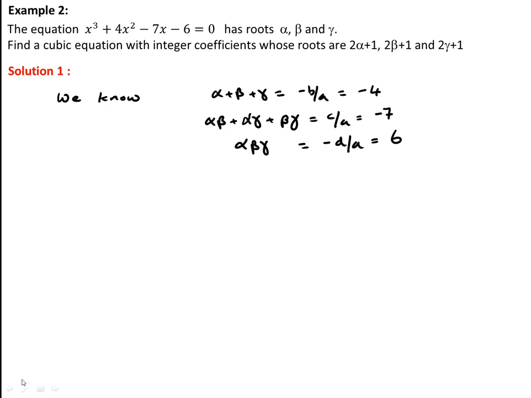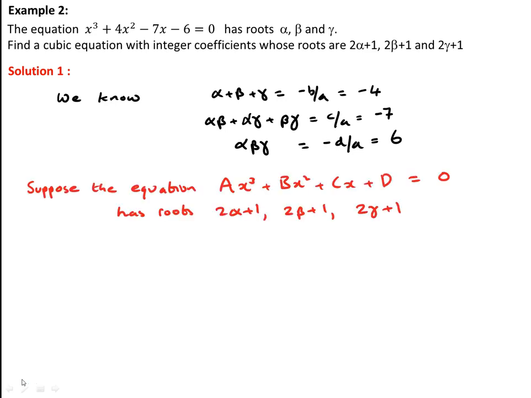Now I'm going to suppose that the equation ax cubed plus bx squared plus cx plus d equals 0 has got roots 2 alpha plus 1, 2 beta plus 1 and 2 gamma plus 1. Then, making use of my fundamental results, first of all I know that the sum of the roots, so that is the value of 2 alpha plus 1 plus 2 beta plus 1 plus 2 gamma plus 1 must be minus b over a.